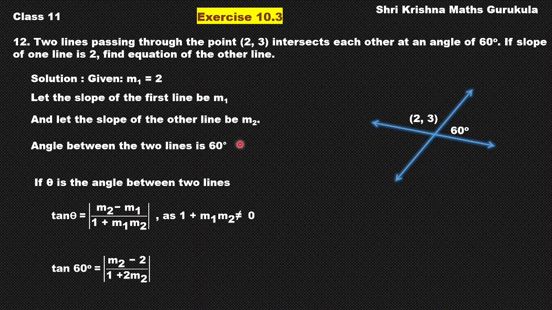So let us substitute our data here. Tan 60 is equal to modulus of (m2 minus 2) whole divided by (1 plus 2m2). Okay. What is the value of tan 60? It is root 3, right? So we shall substitute that here. Root 3 is equal to modulus of (m2 minus 2) whole divided by (1 plus 2m2).